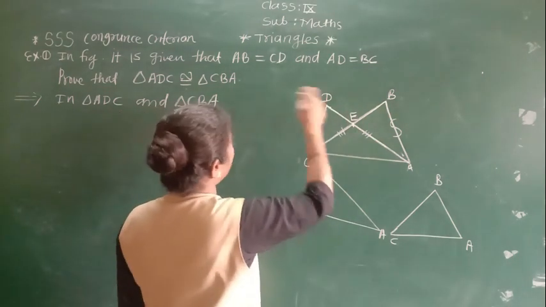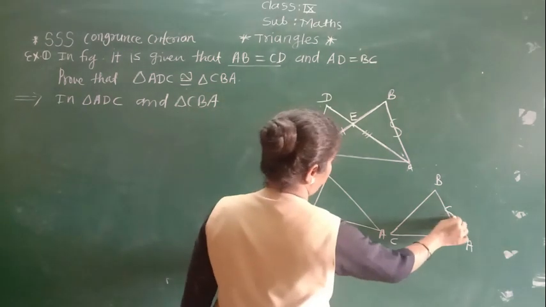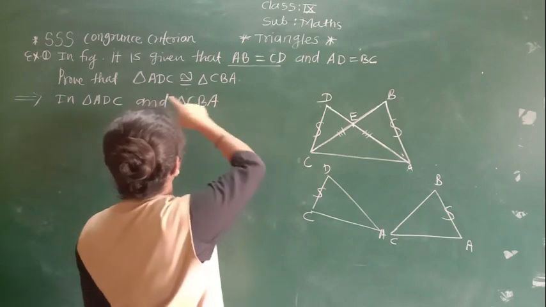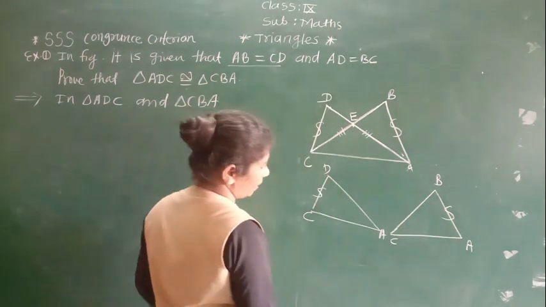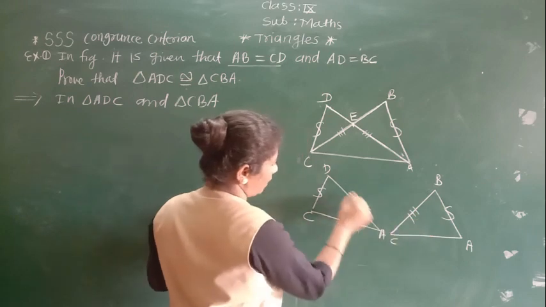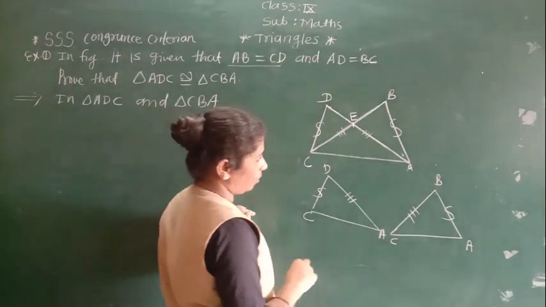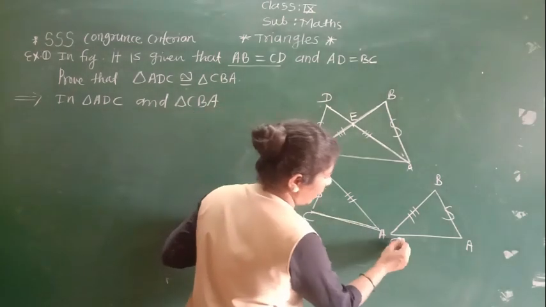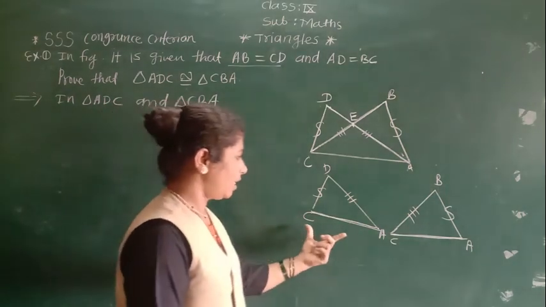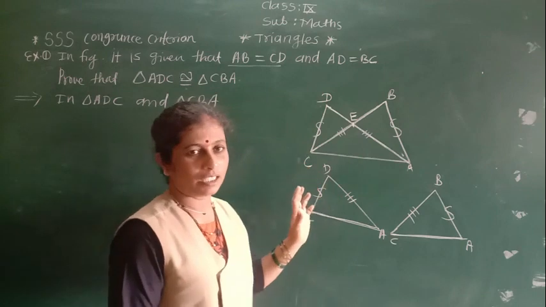It is already given AB equals CD. Again, what is given? AD equals BC. So this BC and this AD are the same. And one more factor is there. What we have got here? See here, this AC and this AC is the same, right? So AC equals CA. That is the common side for these two triangles.